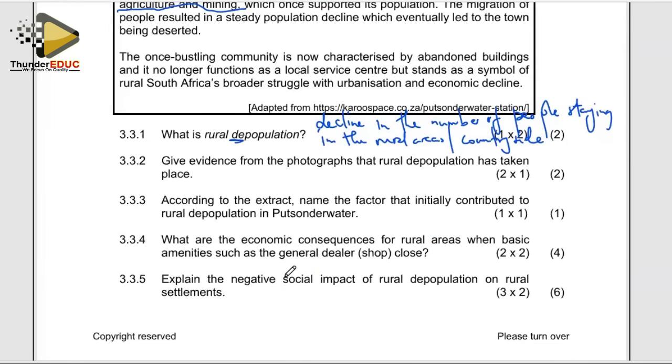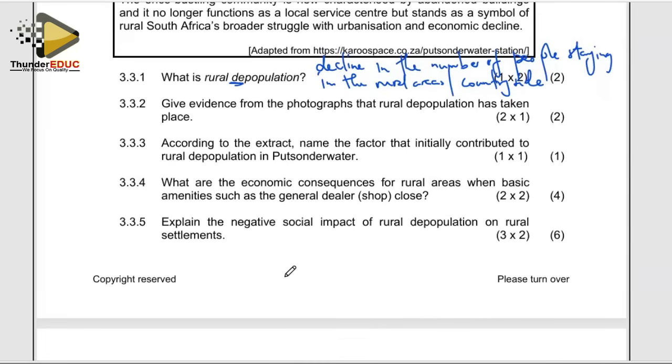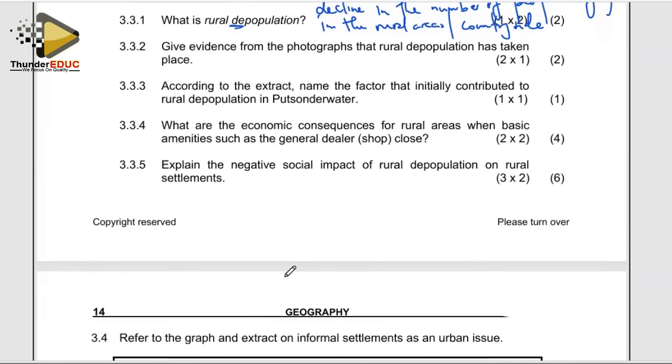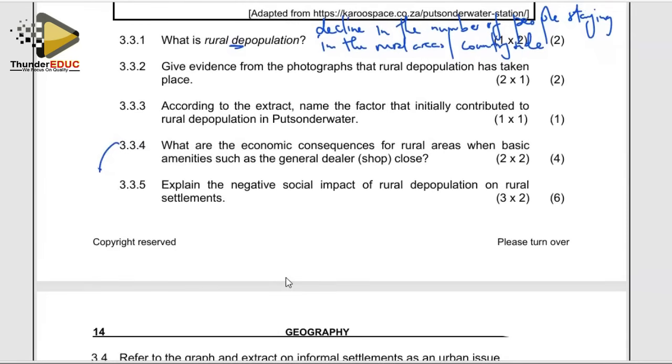What are the economic consequences for rural areas when basic amenities such as general dealer shops close? If we have general dealers closing, what is going to happen? Automatically, it means there will be job losses. People who were employed in those general dealer shops have automatically lost their jobs.